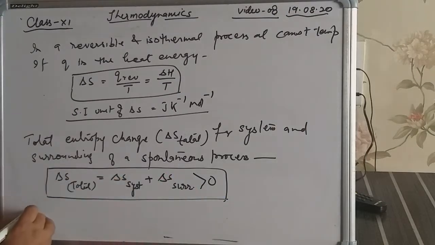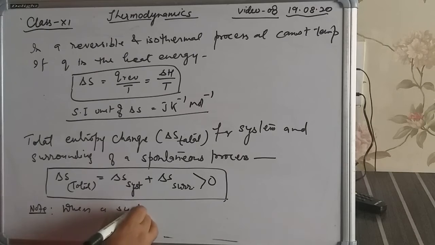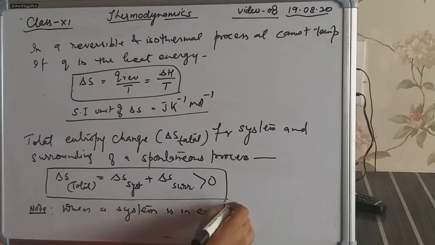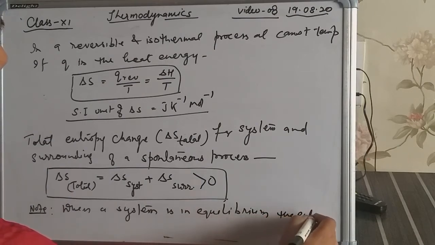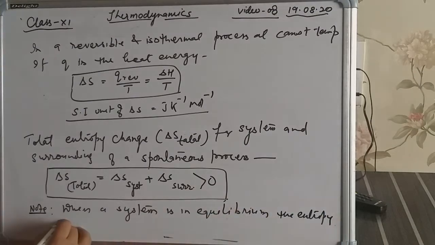So note down one thing: when a system is in equilibrium, the entropy is maximum, with more randomness of the molecules.